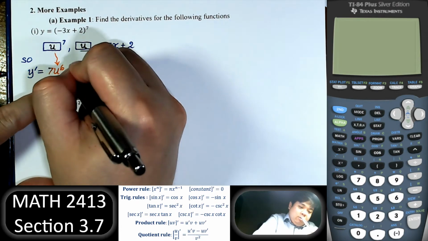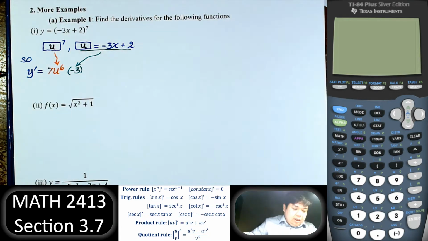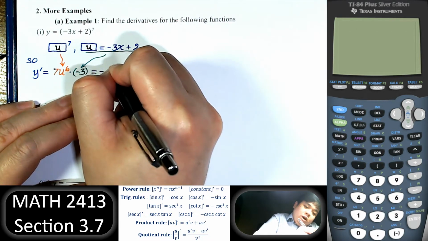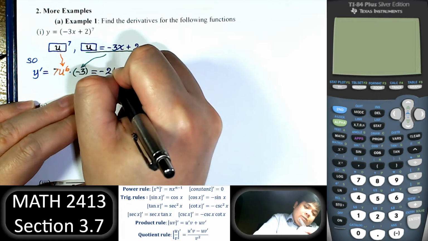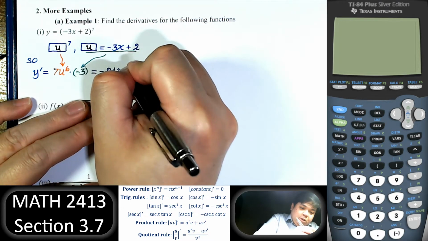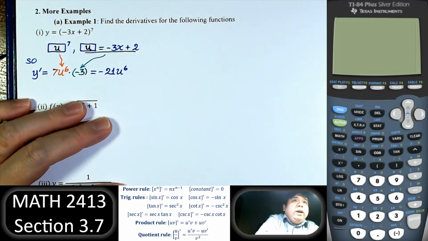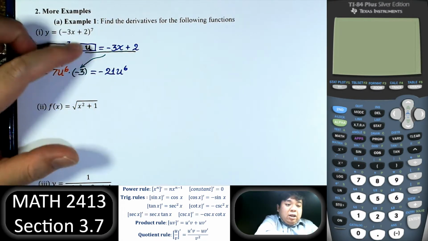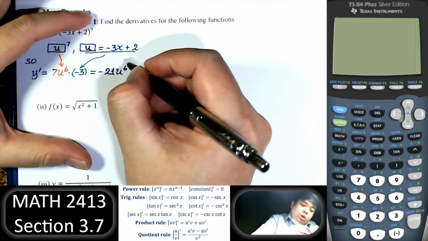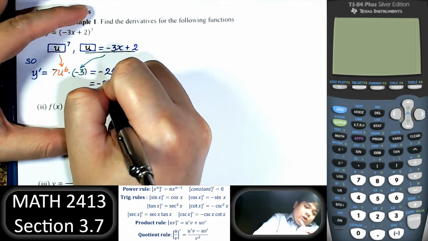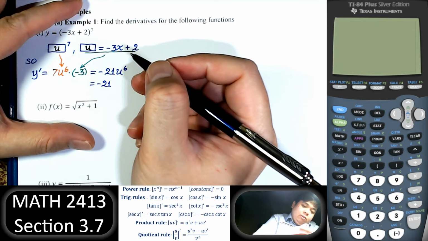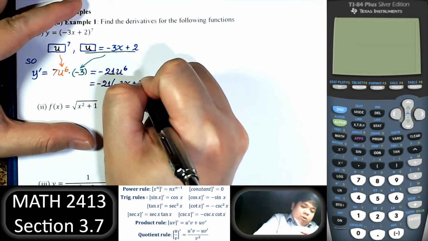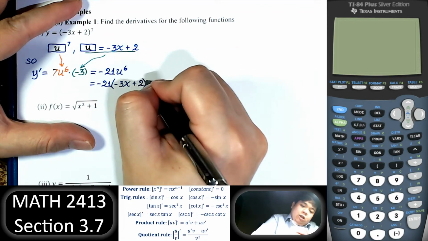It's not subtracting, but it is multiplying too. And the chain rule says we multiply those two derivatives. So that gives us negative 21u to the 6th power. And finally, in the original problem, there's no u, there's only x. So we substitute back, u is equal to negative 3x plus 2. So that gives us negative 21 times (negative 3x plus 2) to the 6th power.